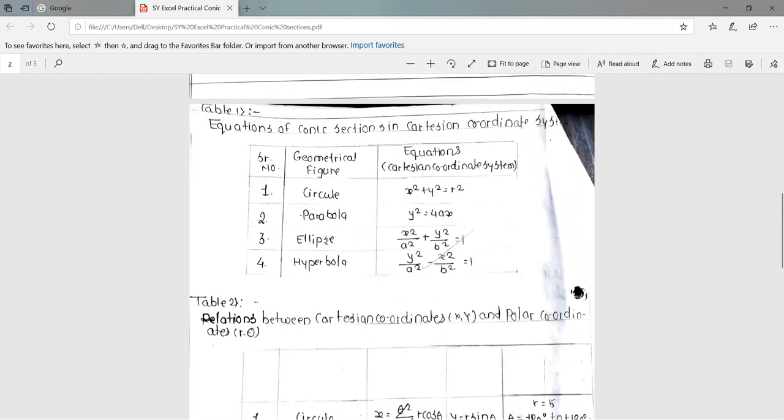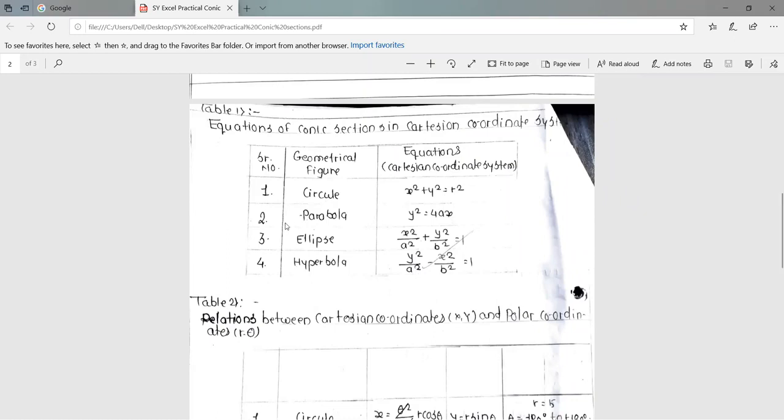The equation for an ellipse is x square upon a square plus y square upon b square is equal to 1. And for a hyperbola, the equation is y square upon a square minus x square upon b square is equal to 1.